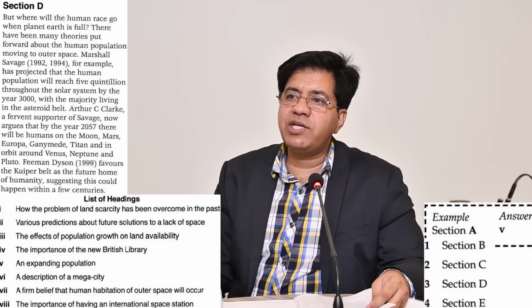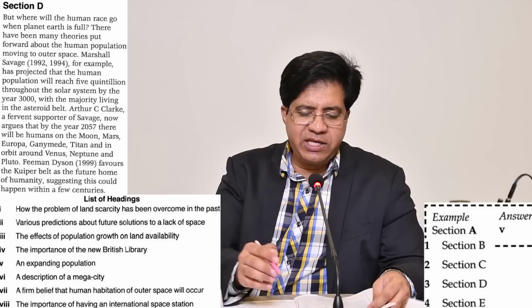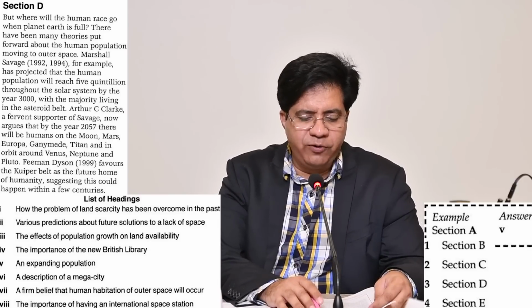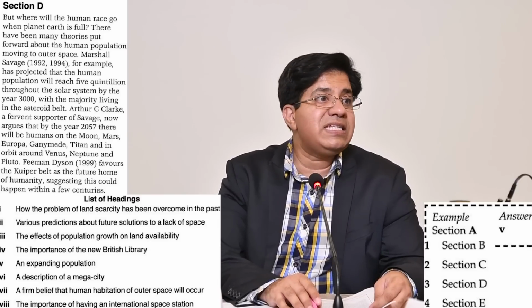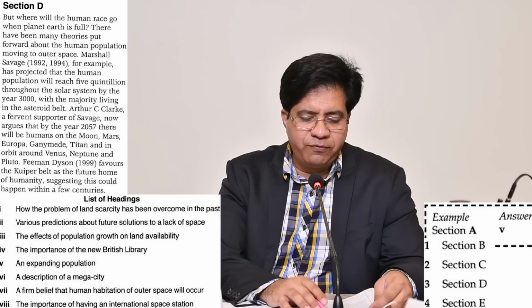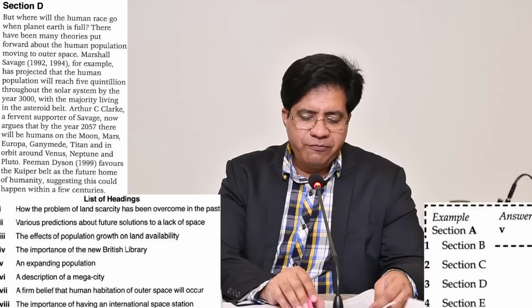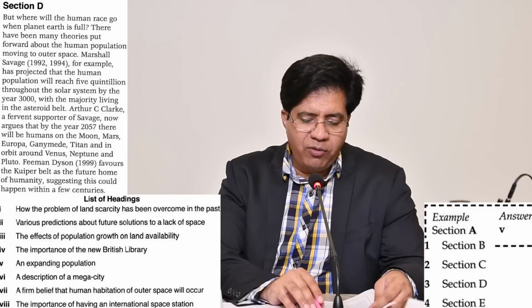Now come back, I'll show you various predictions. Please come back to section D. They say, where will the human race go when planet Earth is full? There have been many theories. Now theories are predictions. There have been many theories put forward about the human population moving to outer space. Marshall Savage, for example, has projected that the human population will reach 5 quintillion throughout the solar system by the year 3000, with the majority living in the asteroid belt.